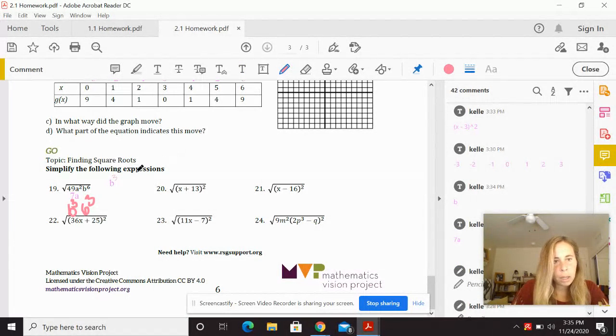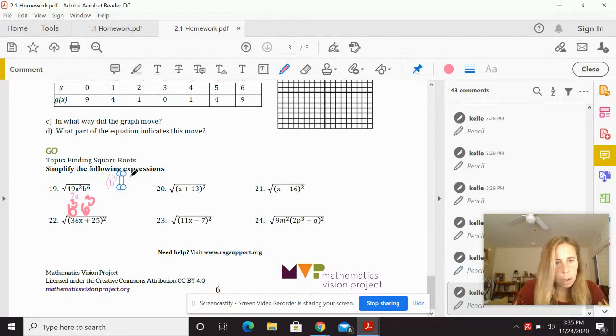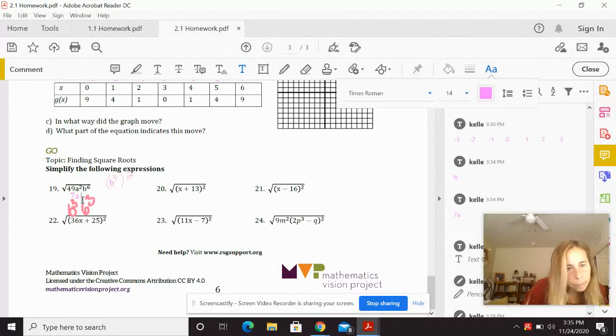Okay, b to the 3rd squared. b to the 3rd times b to the 3rd is b to the 6th, so this is just b to the 3rd squared. That's the same thing. So once again, the radical is going to cancel out the 2, so you're just left with b to the 3rd. Okay, so then let me type that in. Boom. There we go. b to the third.